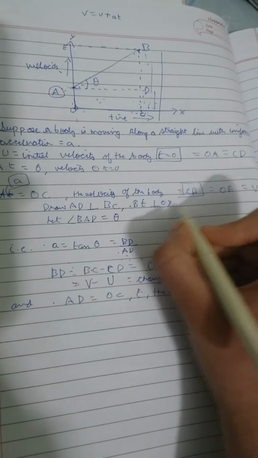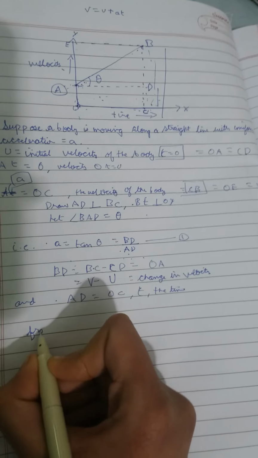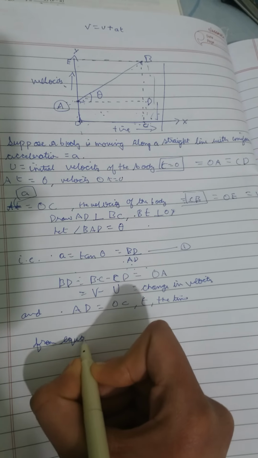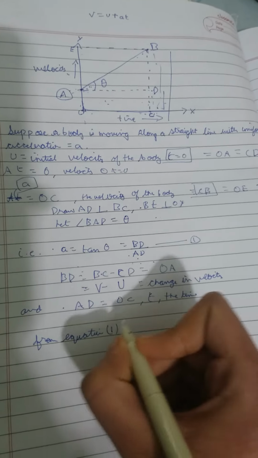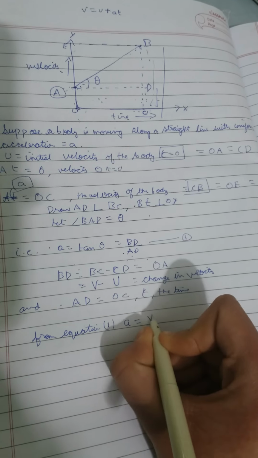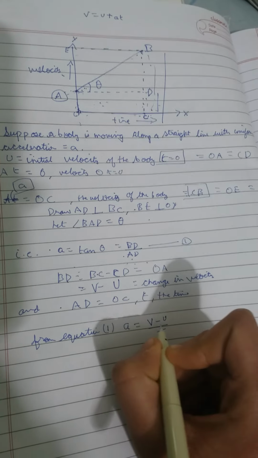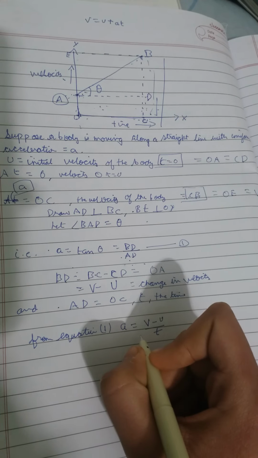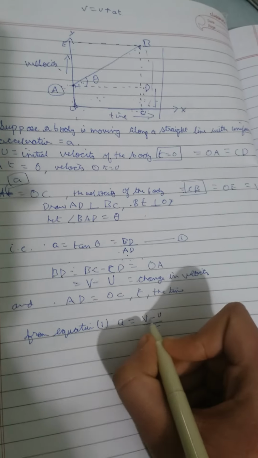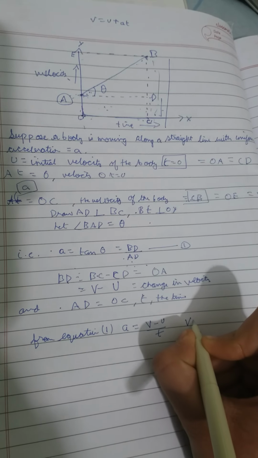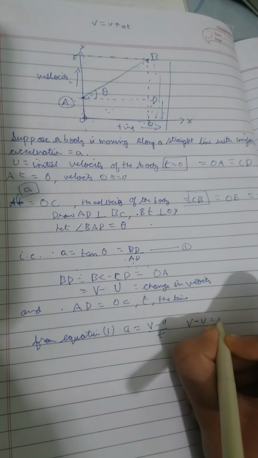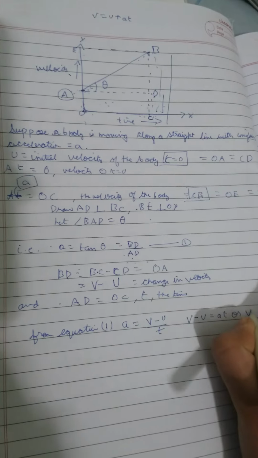So from equation 1, as we already know that acceleration is equal to v minus u upon t, which is the change in velocity upon time, we can shift this equation to v minus u is equal to at.